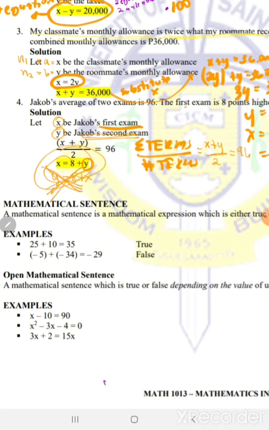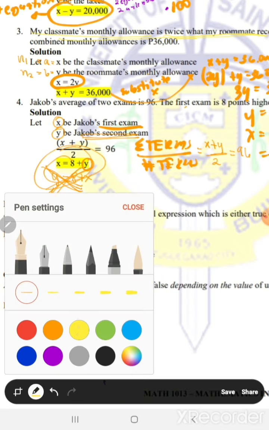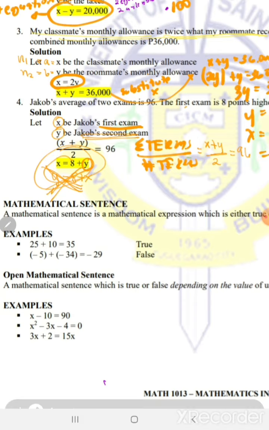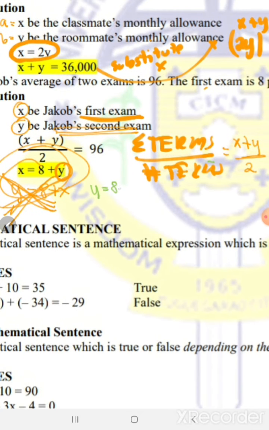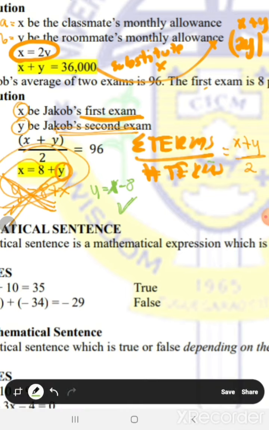But you may rewrite it as y is equal to x minus 8. Which means that your y is lesser by 8 than your x. Okay?